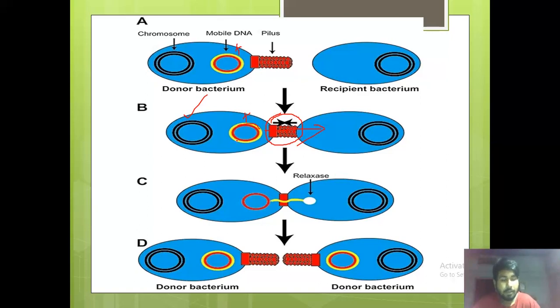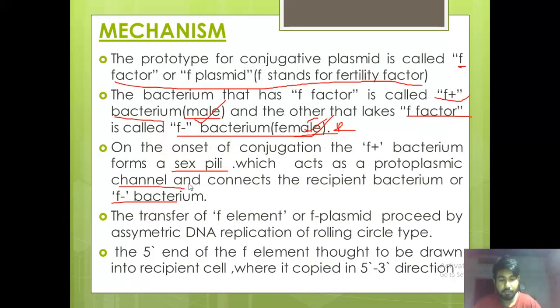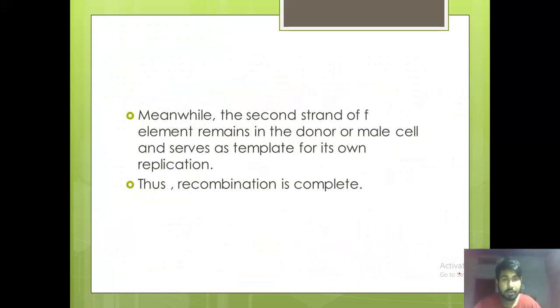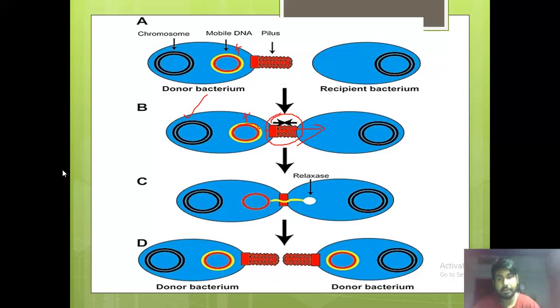The transfer of the F element or F plasmid is processed by asymmetric DNA replication of the rolling circle type. The 5' end of the F element is thought to be drawn into the recipient cell, where it is copied in the 5' to 3' direction. What does this mean?